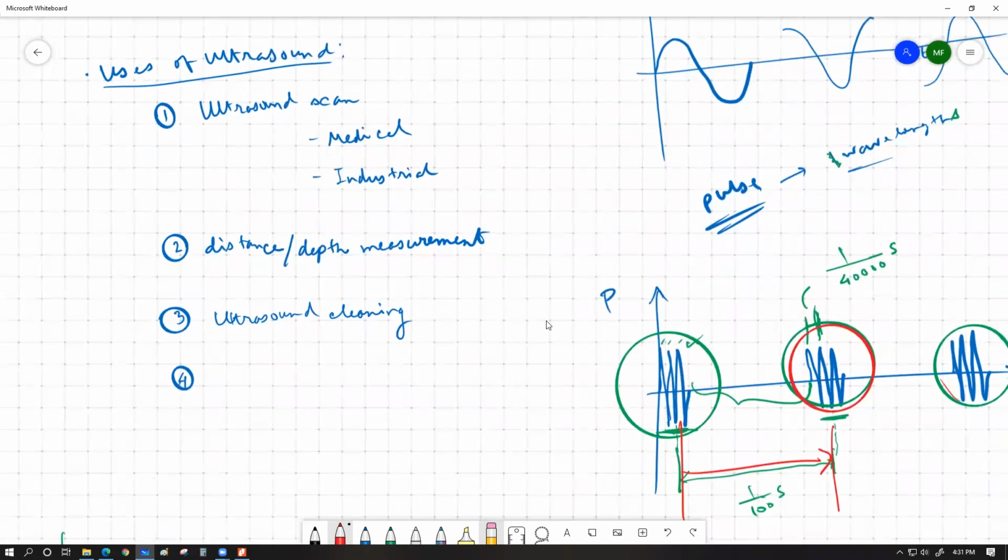Ultrasound cleaning, the key idea behind ultrasound cleaning is that we have an object which is submerged within a fluid medium, and that fluid medium's particles are vibrated from an external source at an ultrasound frequency for a significant duration of time. The object which is placed within is then also vibrated at that frequency.